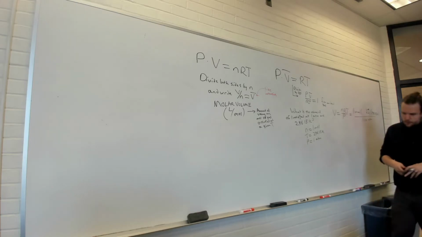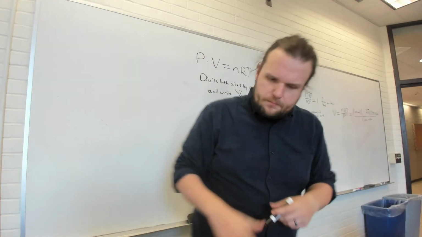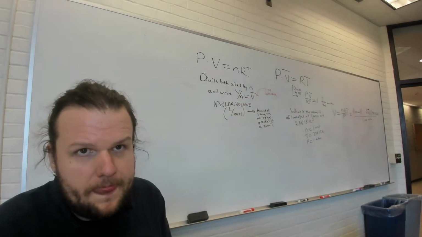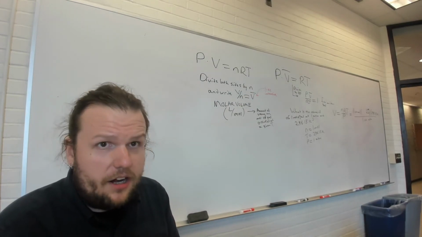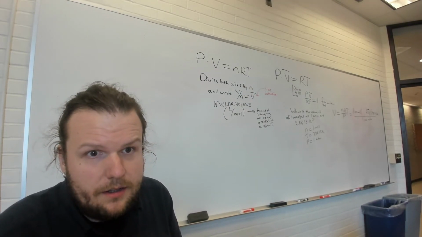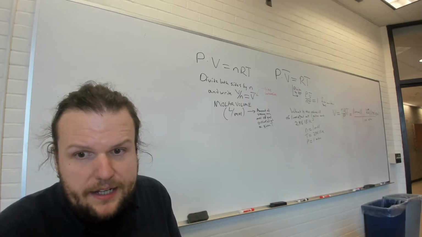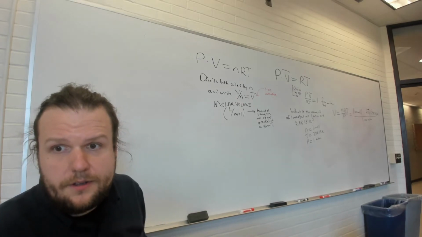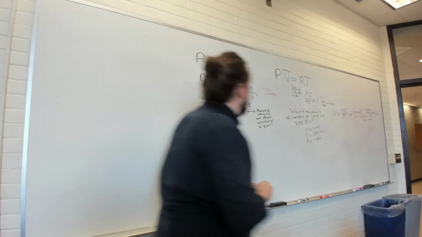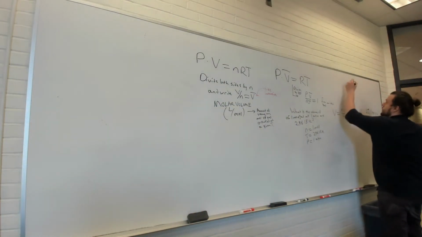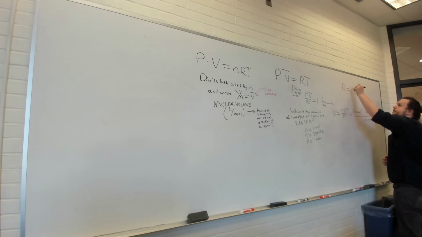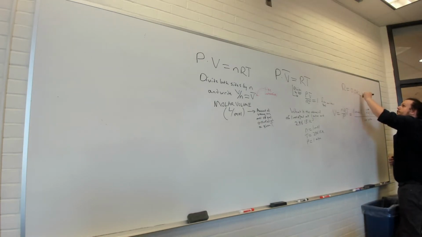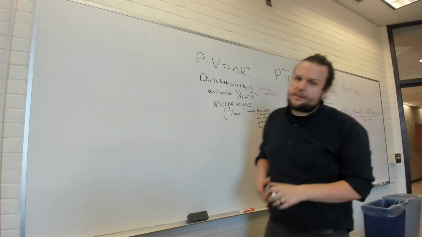You can convert it, or we can just look it up. Literally, if you type gas constant on Wikipedia, Wikipedia has the value of the gas constant for every unit you would ever want. So I'll just write it here. R is 0.082057366. I always forget the rest of the numbers.